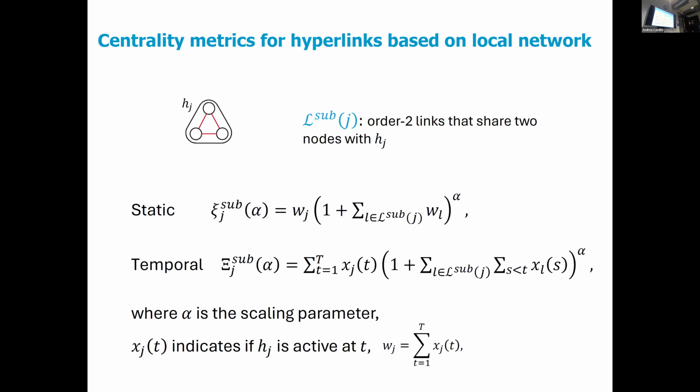Next, we would like to study which property of the hyperlink in the high-order network can be used to estimate the so-called contribution of the hyperlink in the backbone. In order to do so, we propose a centrality metric for hyperlinks.